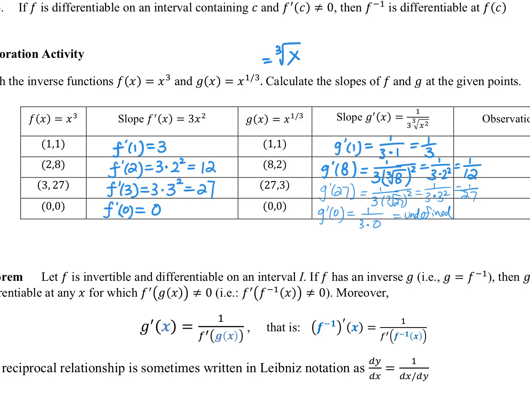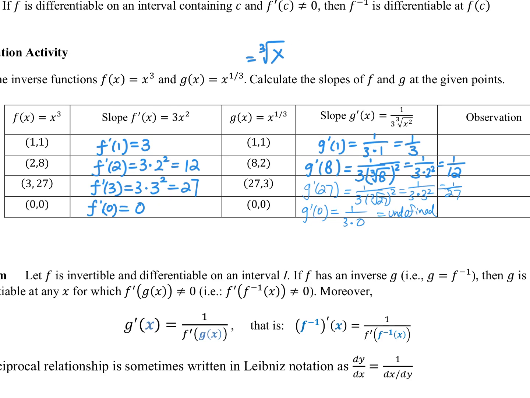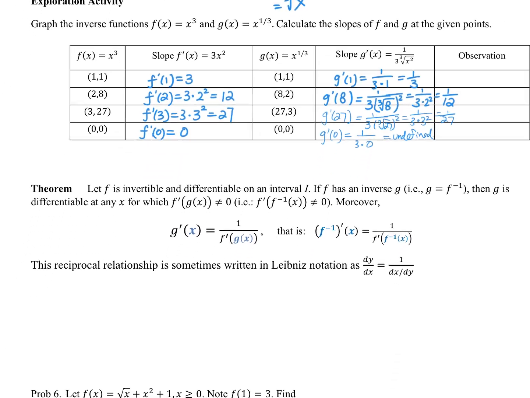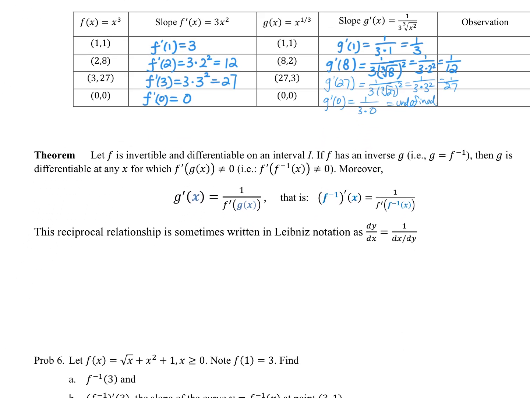So this actually is the next theorem. Okay, this is what the next theorem is saying. This theorem says f is invertible and differentiable on interval I. If f has an inverse g, so here g is the inverse of f, then g is differentiable at any x for which f prime of g of x is not equal to 0.